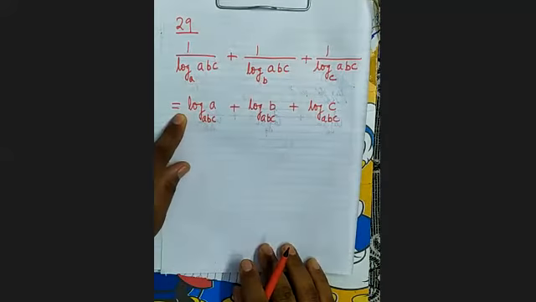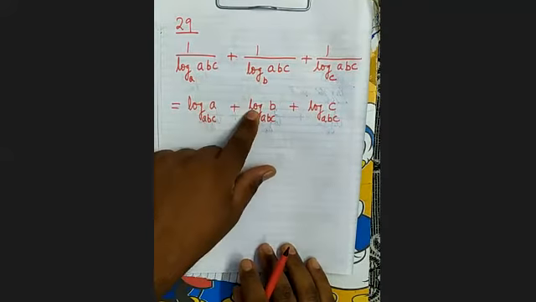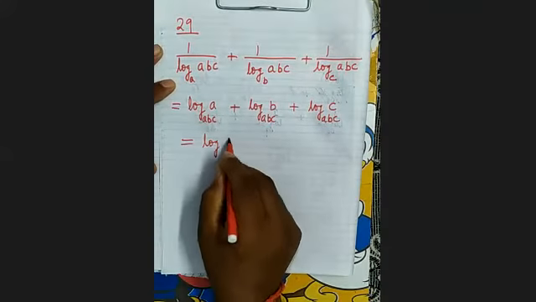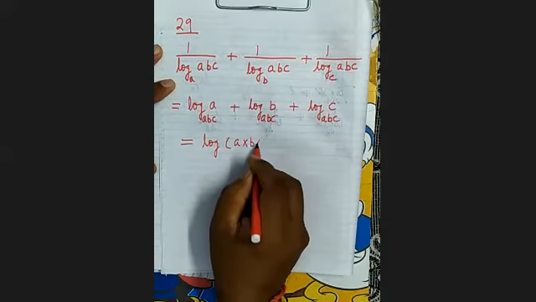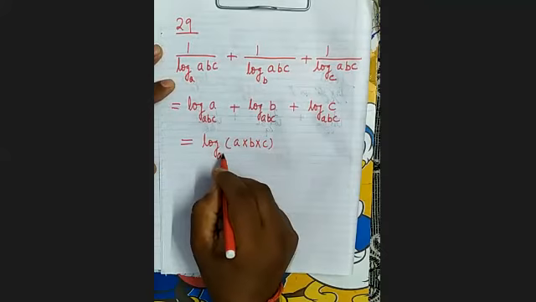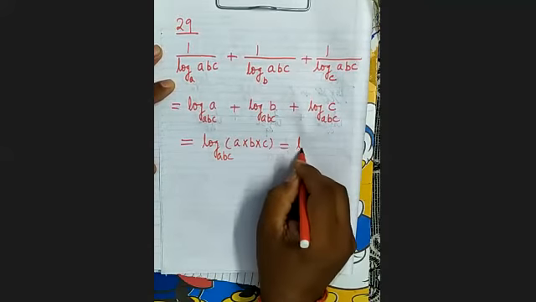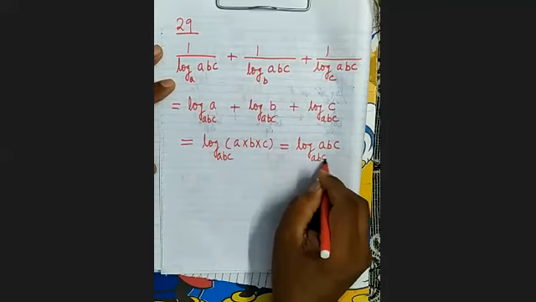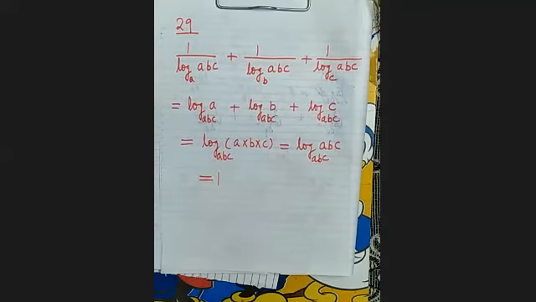Base is ABC. Log A plus log B plus log C means it will be log A into B into C to the base ABC, means log ABC to the base ABC equals 1. Hence proved.